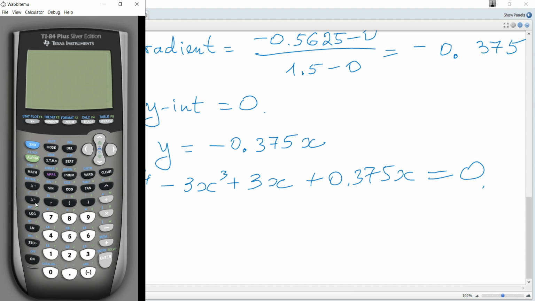So it looks like this: x to the power of 4 minus 3x cubed, and we can add these two terms up, and it becomes 3.375x. In the window, I need the x-axis, so I may write absolutely any y value, but y equal to 0 must be included.